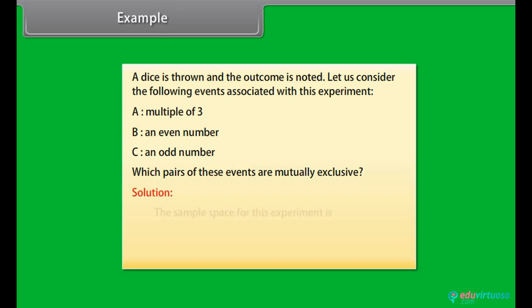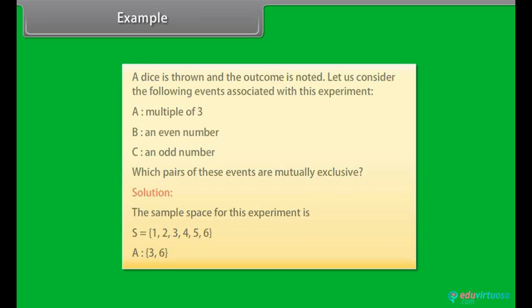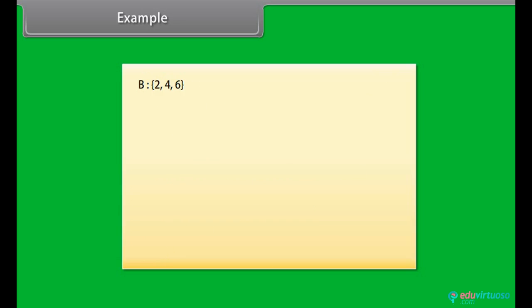Solution. The sample space for this experiment is S = {1, 2, 3, 4, 5, 6}. A = {3, 6}. B = {2, 4, 6}. C = {1, 3, 5}.